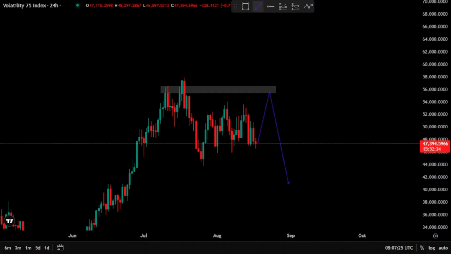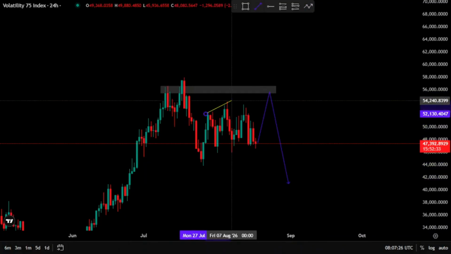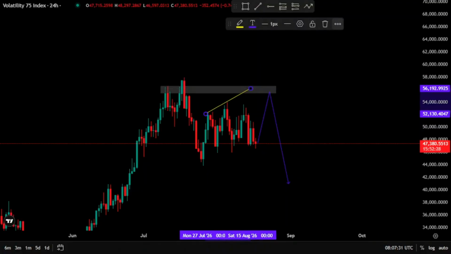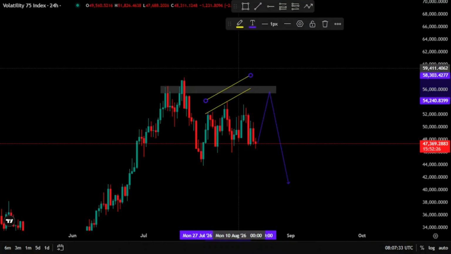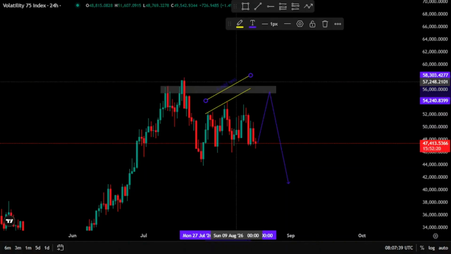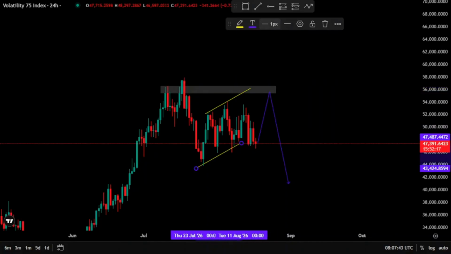Also, you can see that if I draw my structure, for example, like that, we are having some sort of continuation pattern.